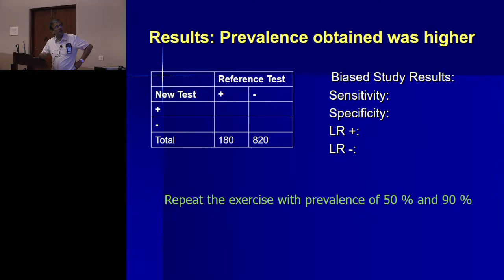So suppose this table, what is the prevalence here? 180 upon 1000, no? So about 18%. From 10% you have now changed to 18%. Now you can calculate the sensitivity, specificity, likelihood ratio, all that. You can do it later, but you got the gist of it. I just want to know what you get if you change the.